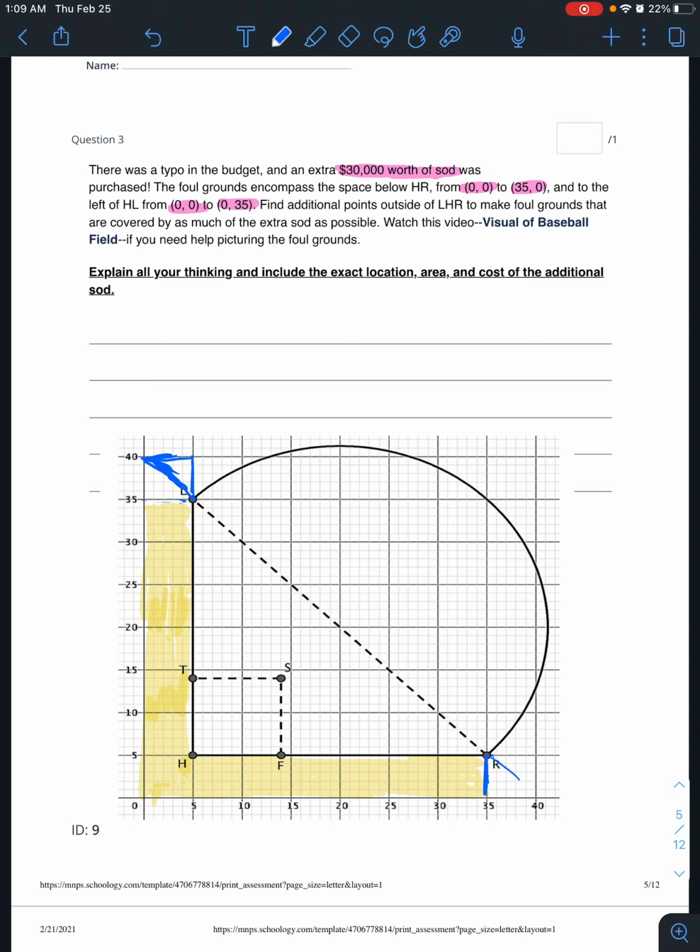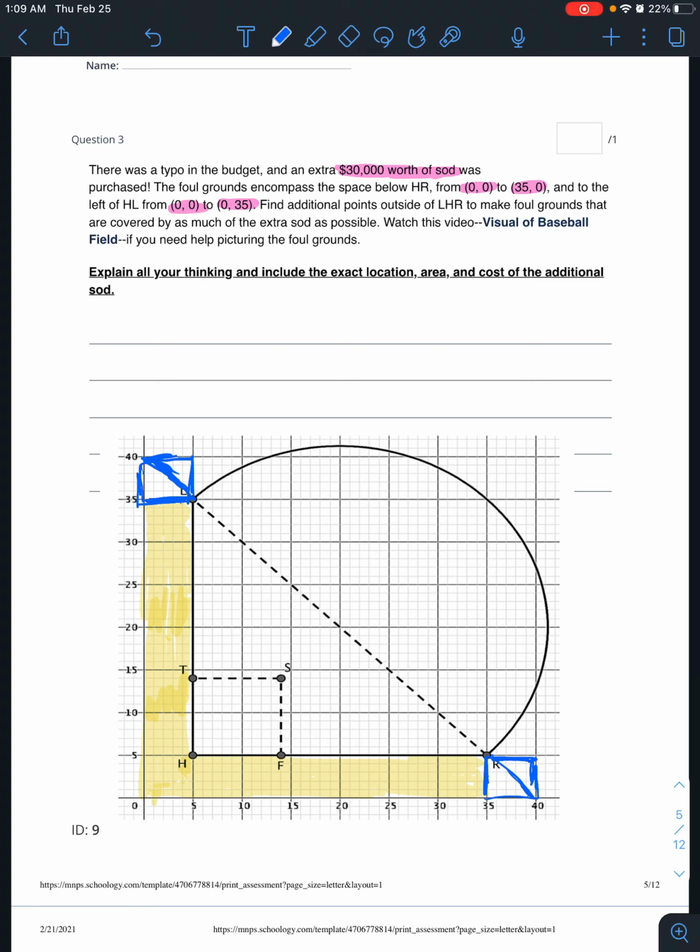So do you want to extend this triangle here? Do you want to make a square? If I fill this square and this square, would that be too much? I want you to use your discretion on how you are going to use the extra money to fill out outside of the baseball field. So don't feel like you're restricted to only the yellow parts.